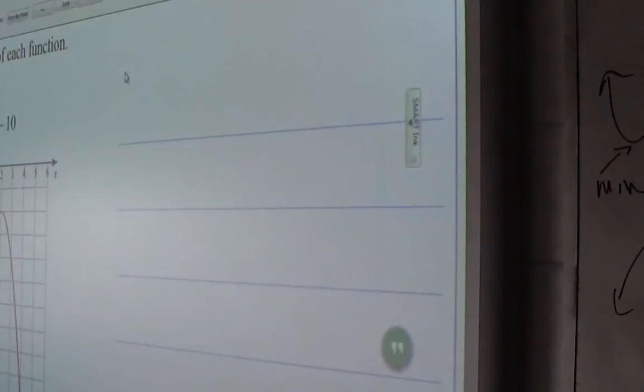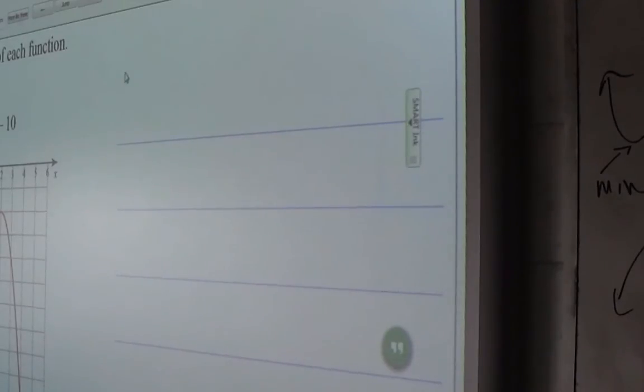All right, so in summary, we talked about vertex form. I gave you the equation of vertex form: y equals a(x minus h) squared plus k. We talked about what A tells you. A tells you whether the graph opens up or down. We talked about h and k, that's your vertex.